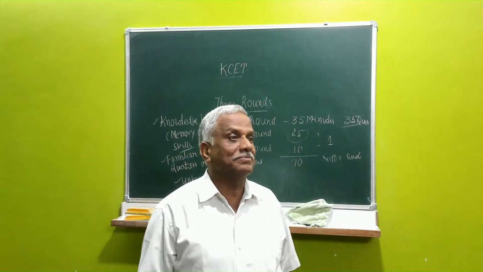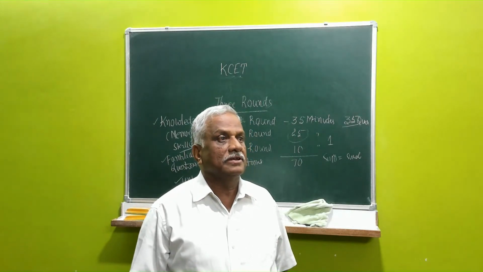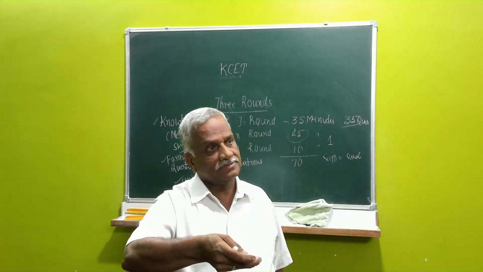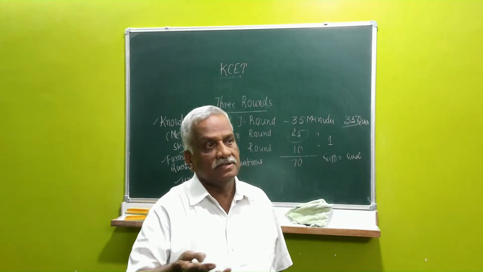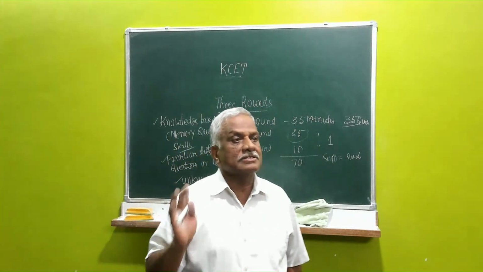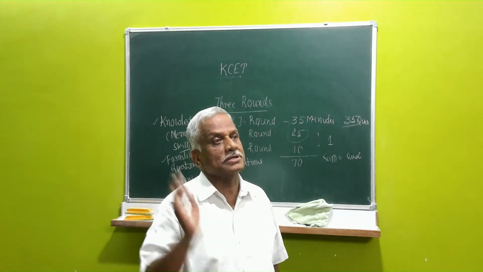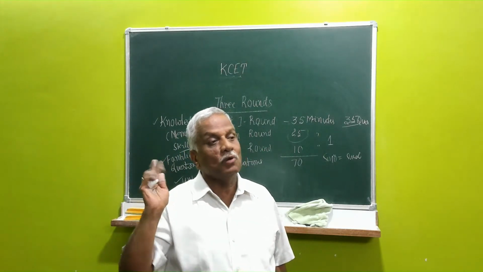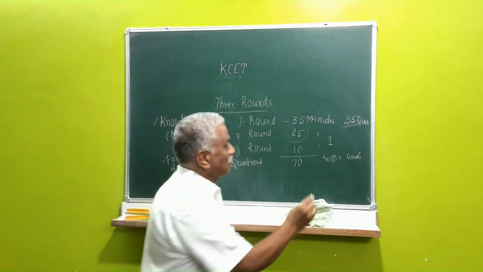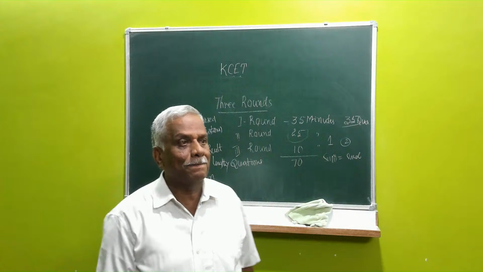How to identify them? What I would suggest is you start from the first question. The first question is easy. It's knowledge based or skill based. You answered it. The second question is lengthy, a known question. So you just mark 2 on the right side of the paper.